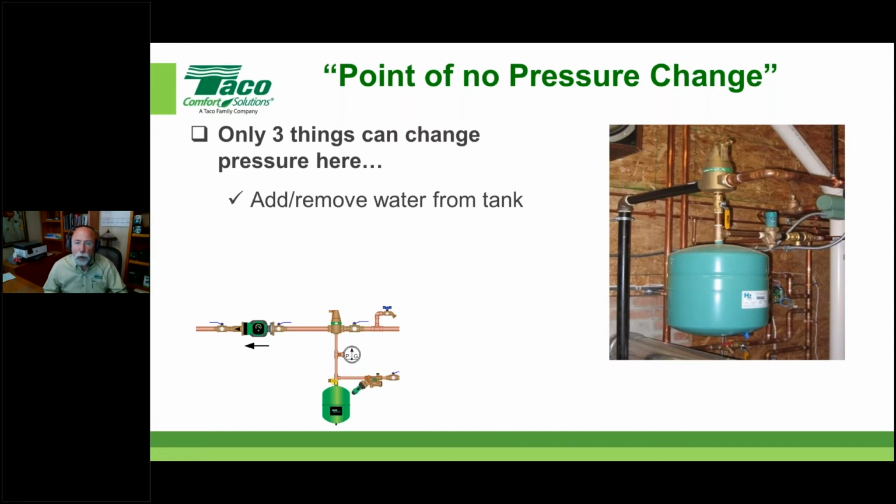So we know that will take place. The other side of the coin is if I add or remove air from the Schrader valve, from that portion of the tank, I could change the pressure on this gauge.